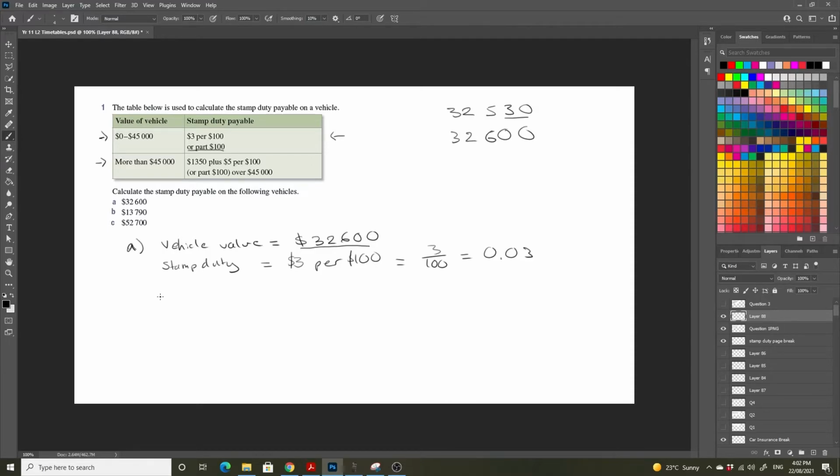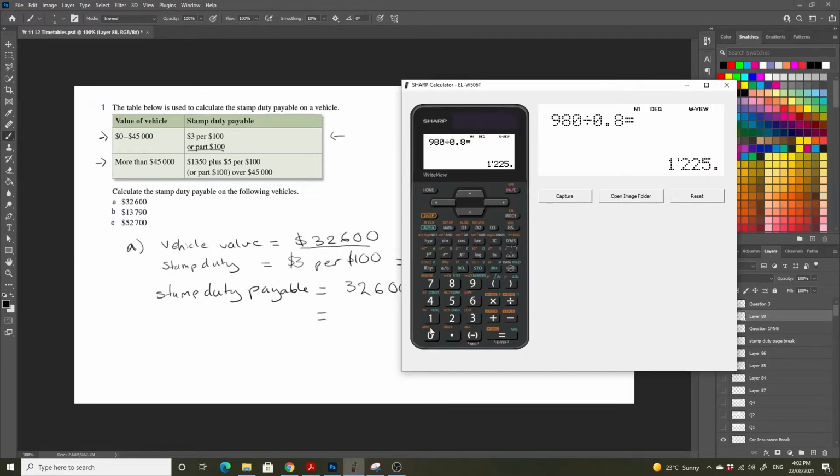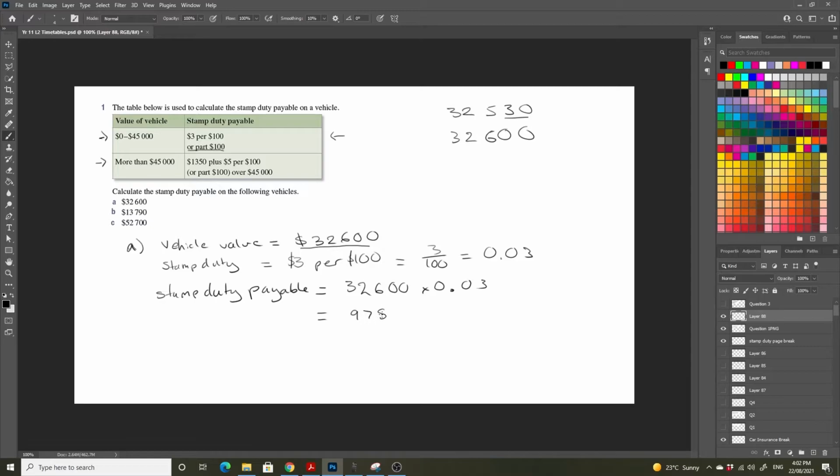So the stamp duty payable is going to be equal to 32,600 times 0.03, and that equals $978. So $978 is our first answer.